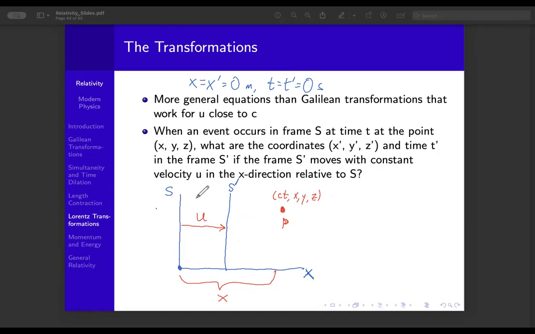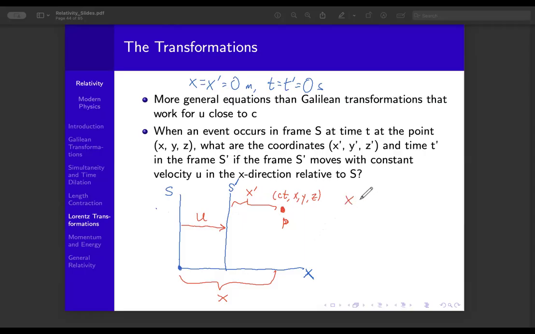Well, what length contraction tells us is that the distance between S prime and point P, x prime, should follow the length contraction rule. And so that allows us to express either x prime in terms of x, or x in terms of x prime. I'm going to do the latter.